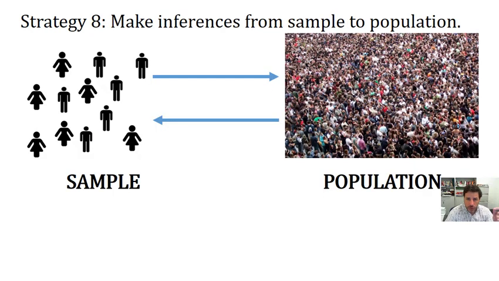Next, the 8th strategy is to make inferences from sample to population. In almost all the research we do, we are not interested in the sample we collect. We are interested in the population to which this sample belongs.